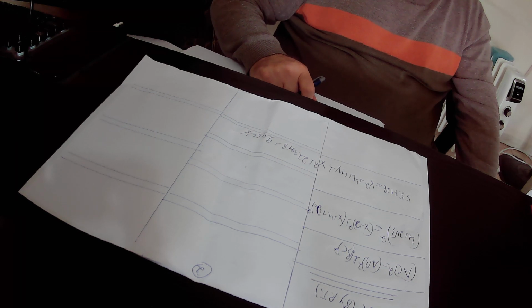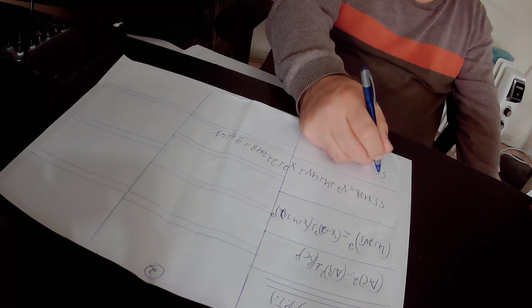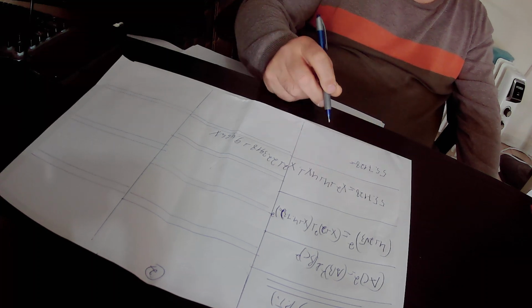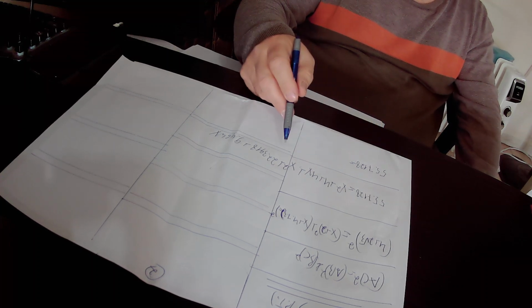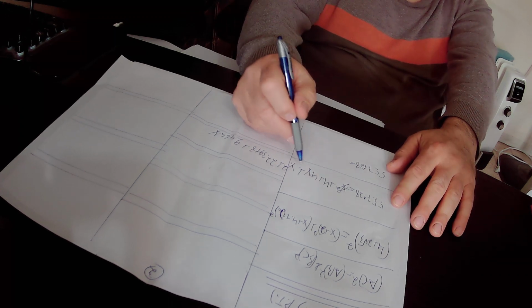So in conclusion, we found out that 55.7128 equals, here we have x squared plus x squared is 2x squared.